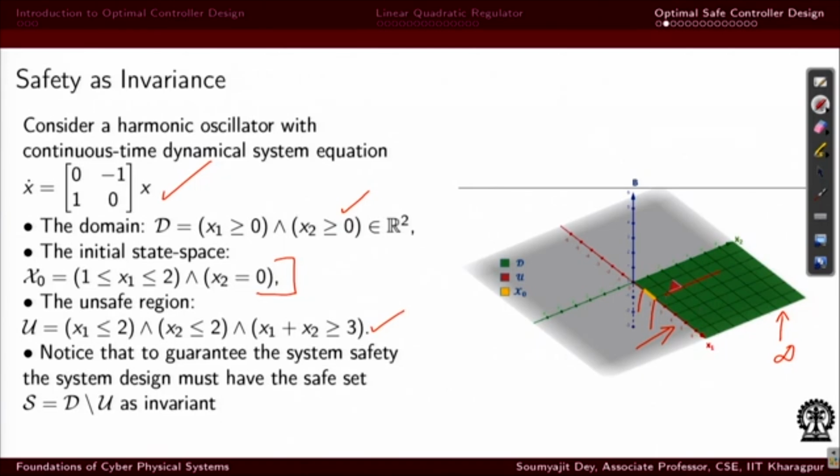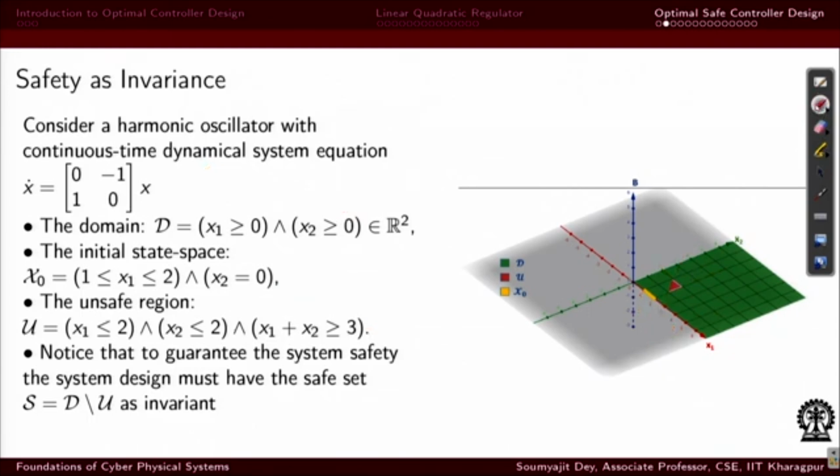It is bounded by this line here, and then we have x2 less than or equal to 2, so x2 is increasing along this axis and you are bounded by this line here. Then we have x1 plus x2 greater than or equal to 3. That means any location on the right side of this line.